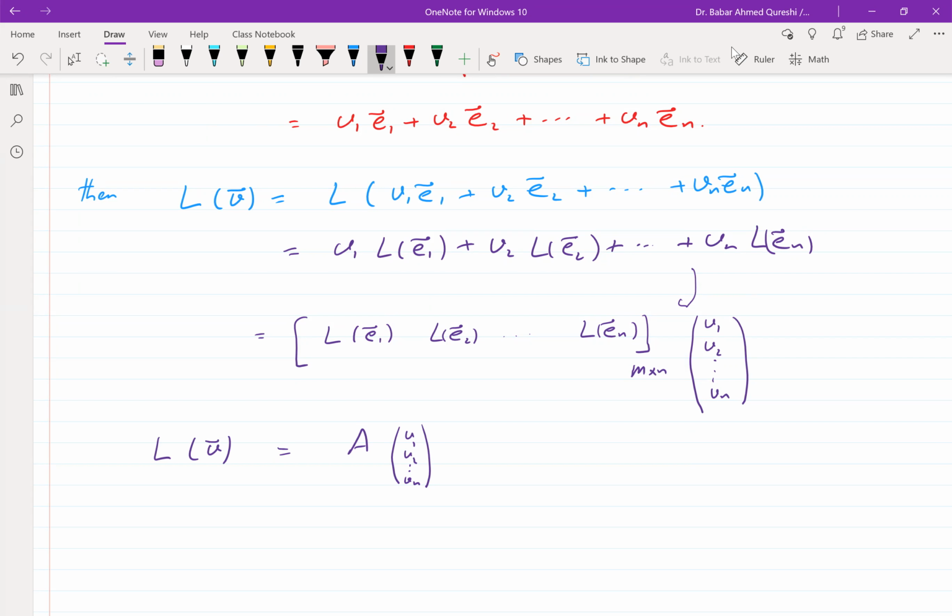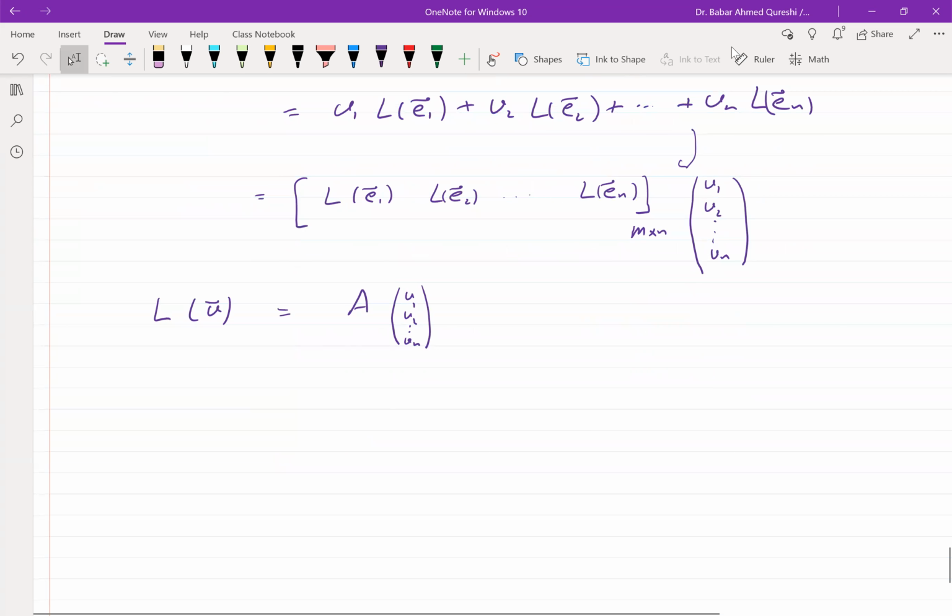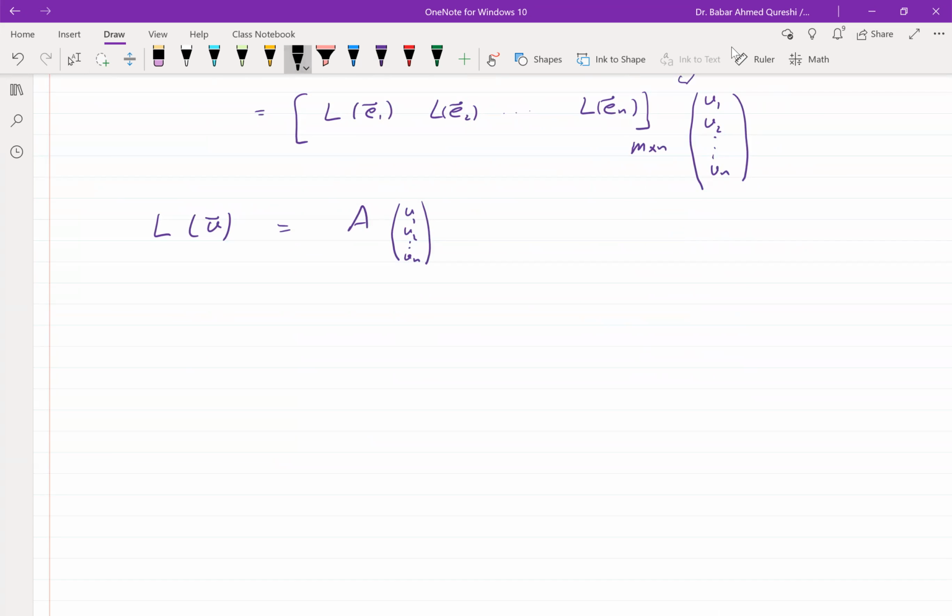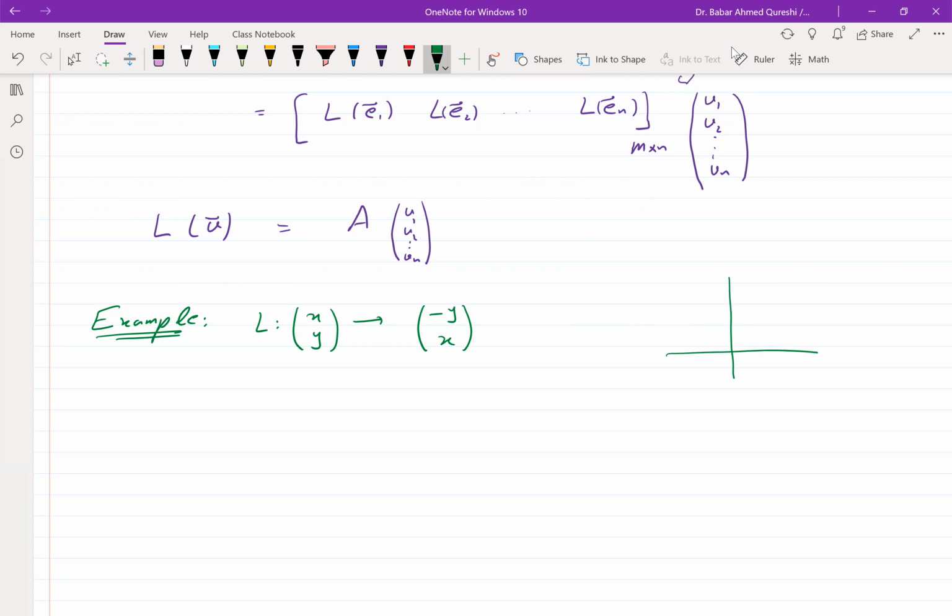So let's again take some examples of this. Suppose I consider this transformation. This is actually rotation by 90 degrees. If you have this goes to this.